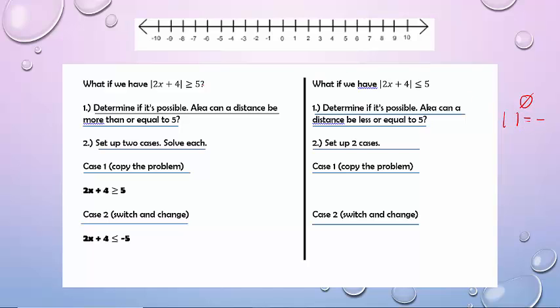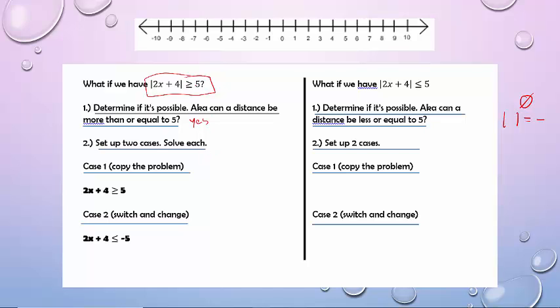It's kind of the same thing here. So we have to ask ourselves, does this statement make logical sense? So basically, the first step you need to do is ask yourself, can a distance be more than or equal to 5? Absolutely. So we want to make sure that we have a yes before we proceed.